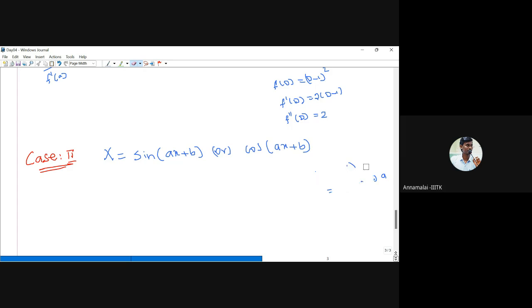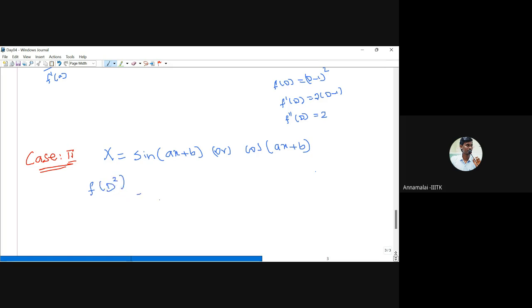Suppose the right hand side function is a trigonometric function like sine of ax plus b or cos of ax plus b. Now in that case, what is the particular integral? If f of D can be written in terms of f of D square, the given operator, we can look at f of D square.